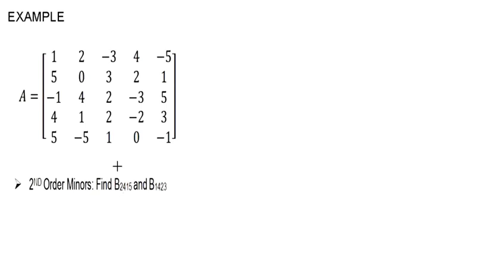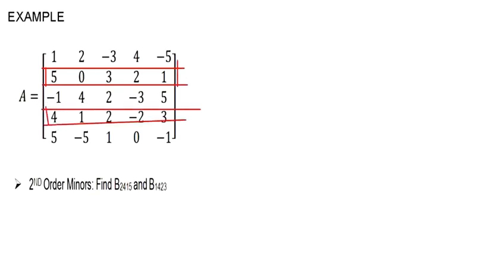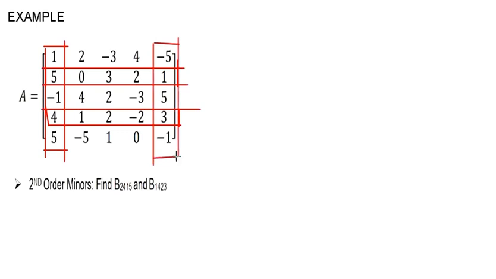So 2, 4 is the rows: take row 2 and then row 4. Then column 1 and then column 5. Which elements are common to rows 2, 4 and columns 1, 5?